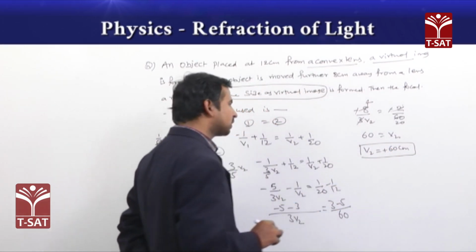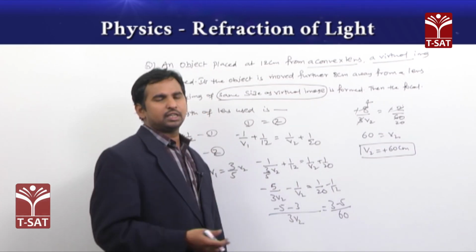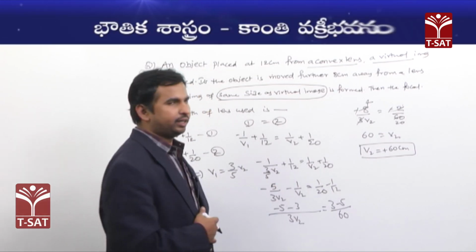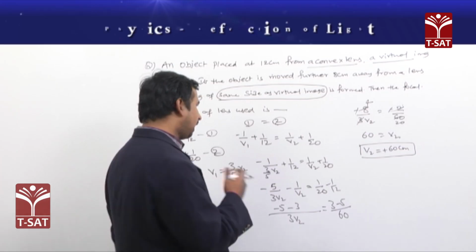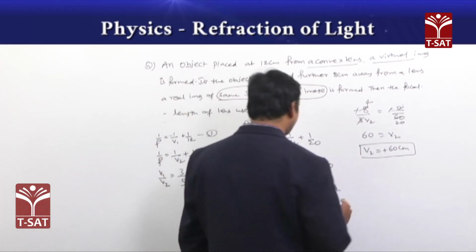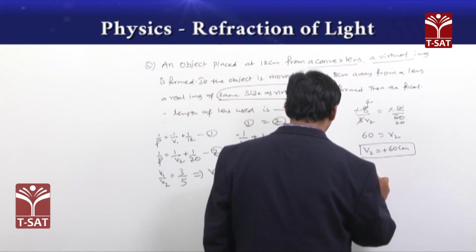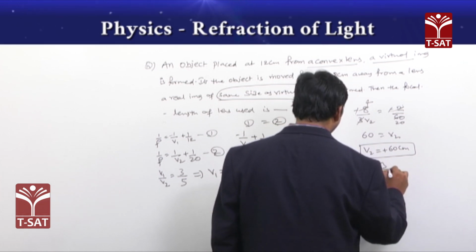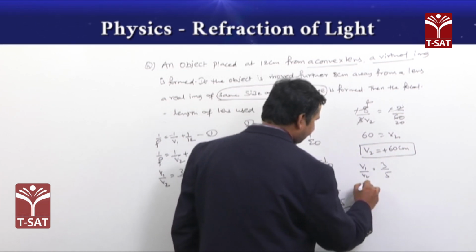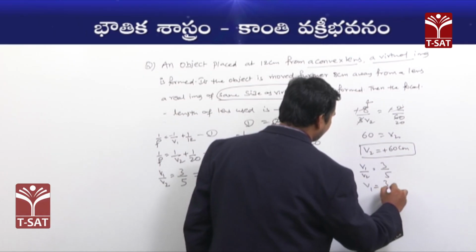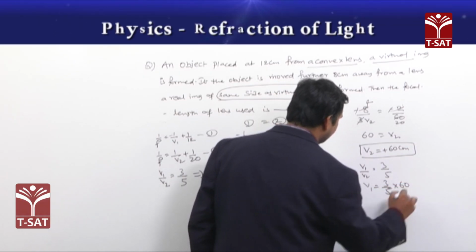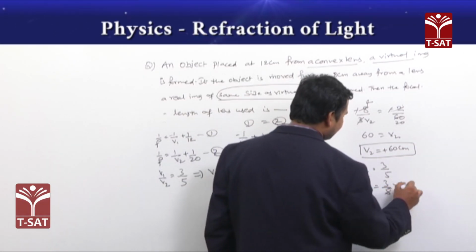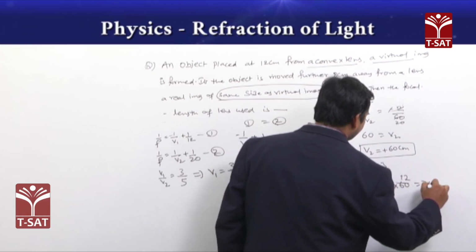V2 is the image formed behind the lens, so that's why V2 is plus 60. And we know the relation V1 by V2 is equal to 3 by 5, so V1 is equal to 3 by 5 of V2, which is 60. Then it becomes 36 centimeters.